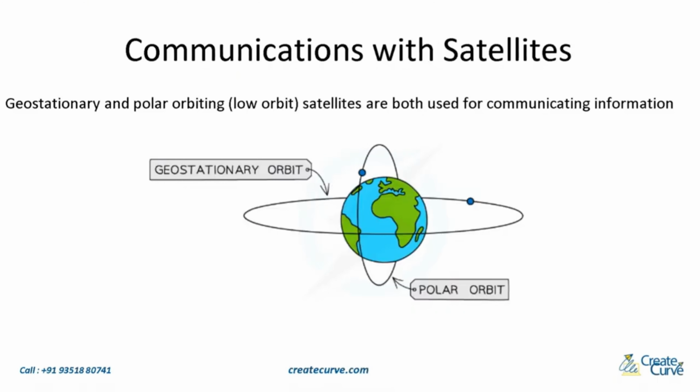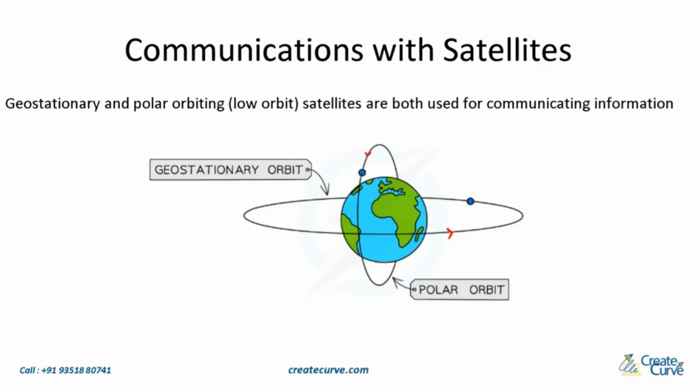For communication with satellites, there are 2 types of satellites that you should also know at a high level. Basically, polar orbit or geostationary satellites are used for communication purposes. Geostationary satellites have a slightly bigger circle, and the polar one has a slightly smaller circle.